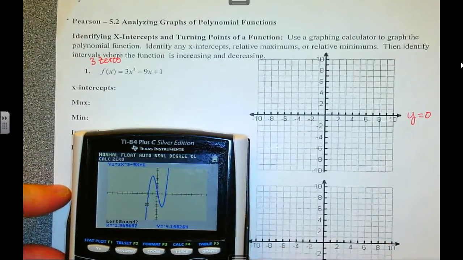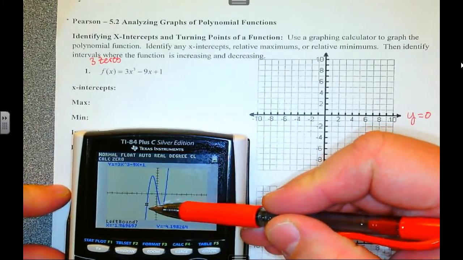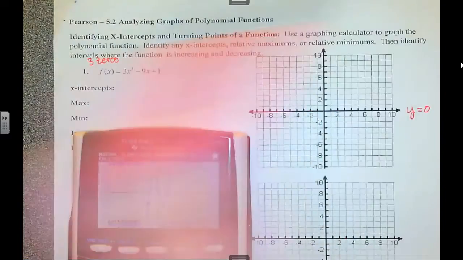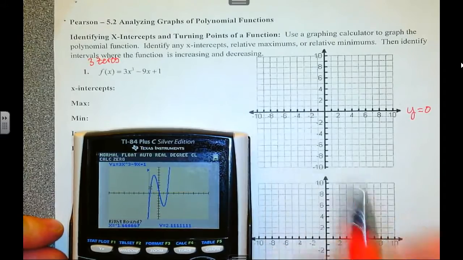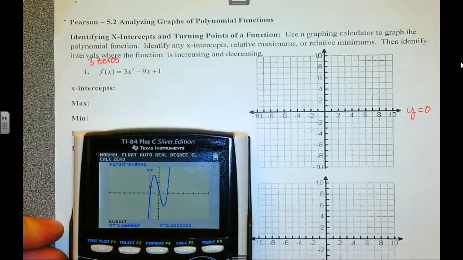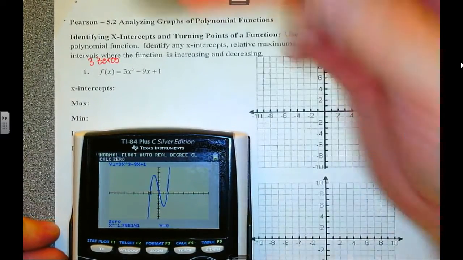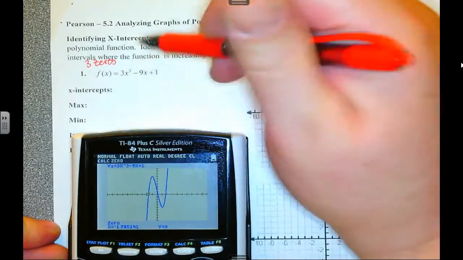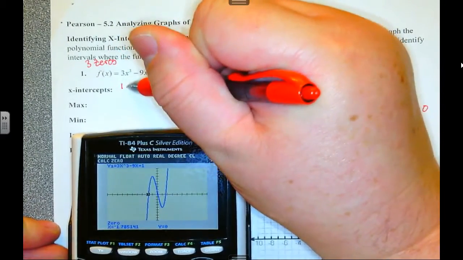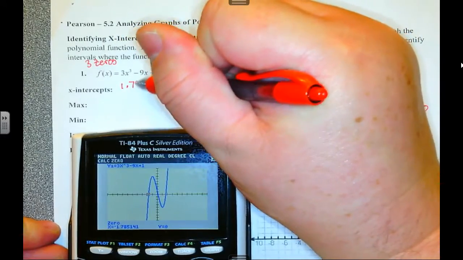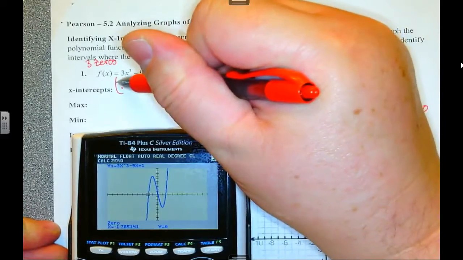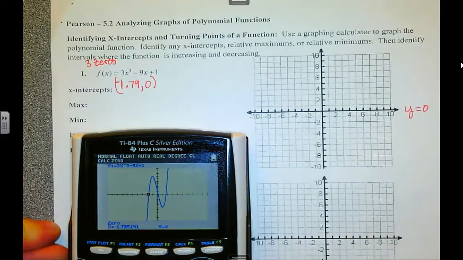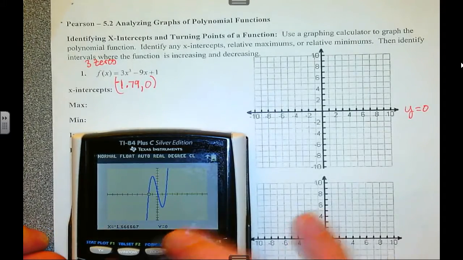I need to be to the left of that 0, hit enter. Right bound, I need to cross the x-axis, hit enter, and enter again. One of my zeros is going to be negative 1.79, comma 0. So there's one of them. I got to go find another one.